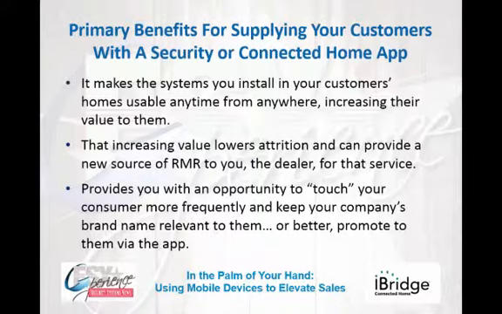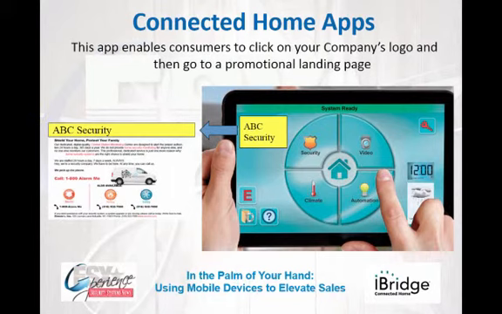So on the next slide, please, Virginia. Here's a good example of one of our apps on an iBridge. This is an app shown on a tablet. However, you can also have this on any smartphone. So our app contains a slot there to the left where you see ABC Security, where you can actually put your brand name and your logo on the left-hand side.